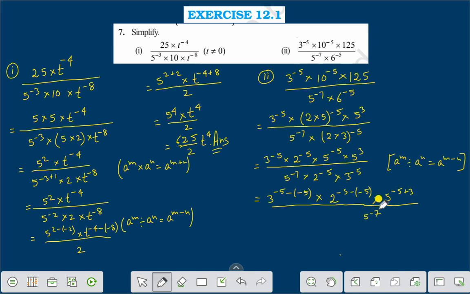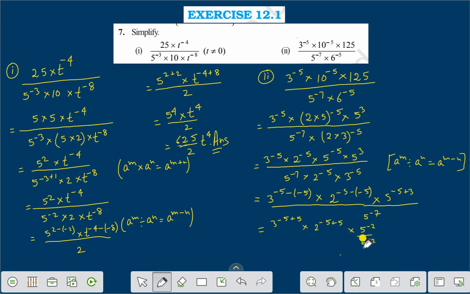Therefore, we are getting 3 to the power minus 5, minus into minus is plus 5, into 2 to the power minus 5, minus into minus is plus 5, into 5 to the power minus 5 plus 3 is minus 2, divided by 5 to the power minus 7.